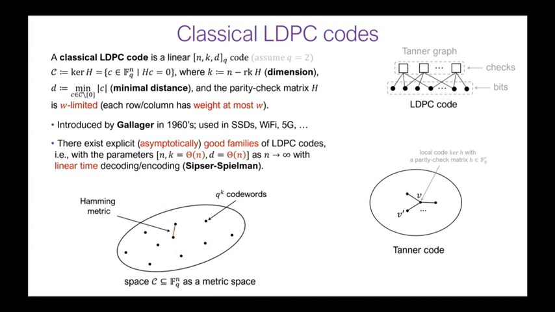The Sipser-Spielman idea was to use Tanner codes. They showed that if you have an expander graph, and if the expansion is good enough, and if the distance of the local code is also good enough, then the resulting code has these amazing properties, and you can, for example, decode in linear time.